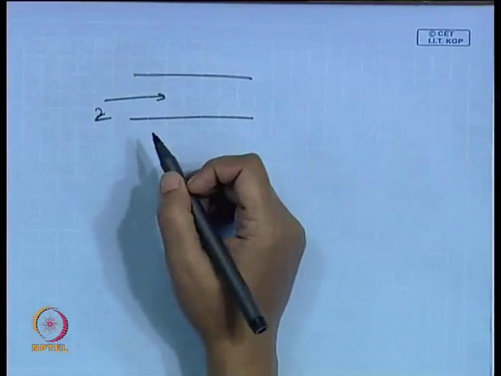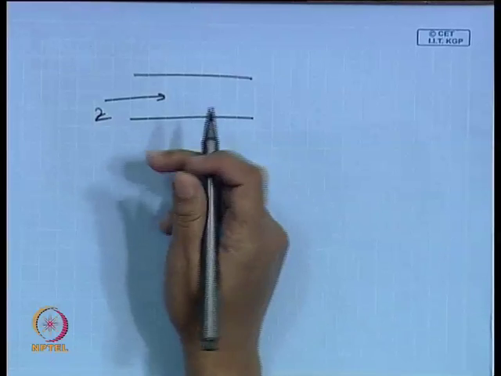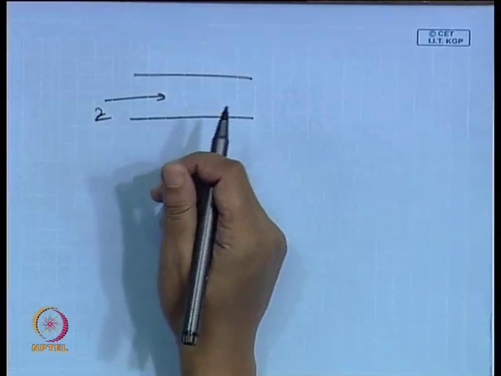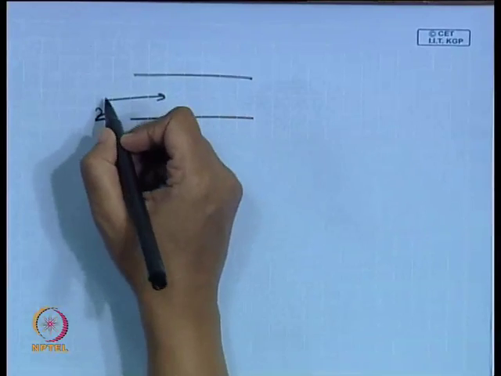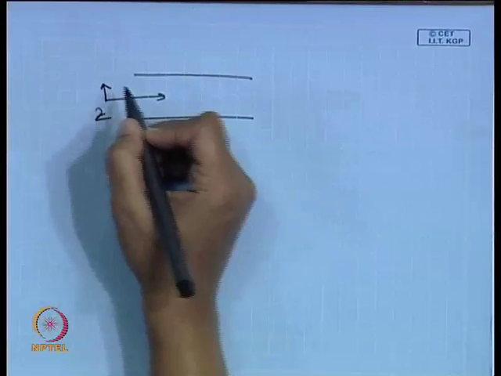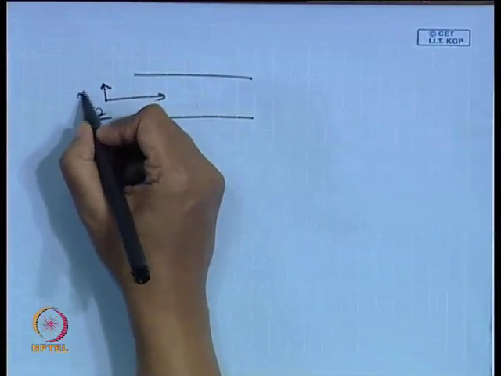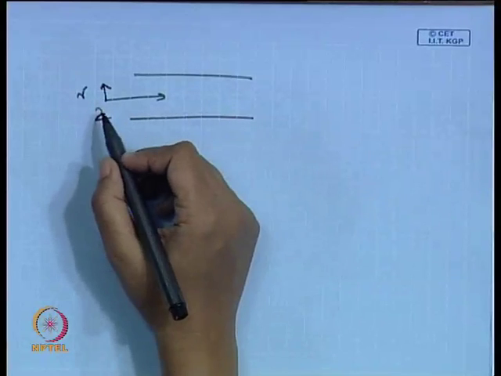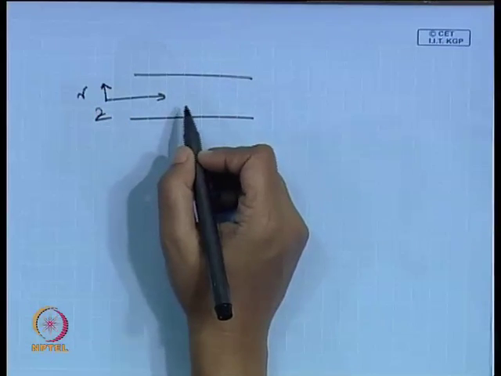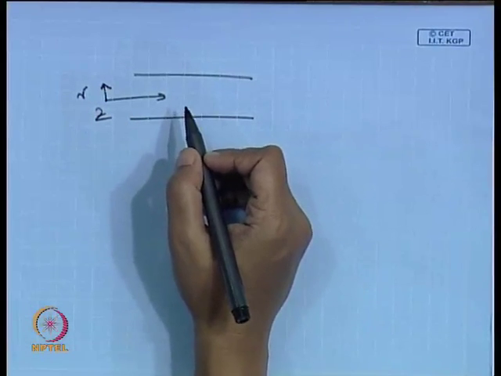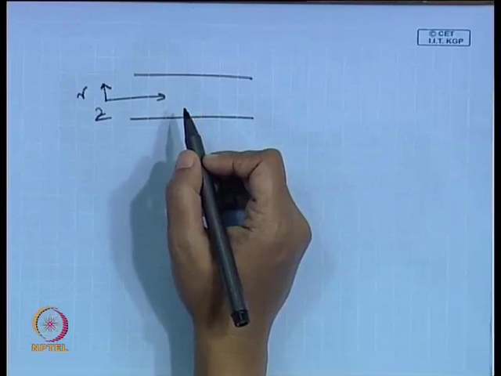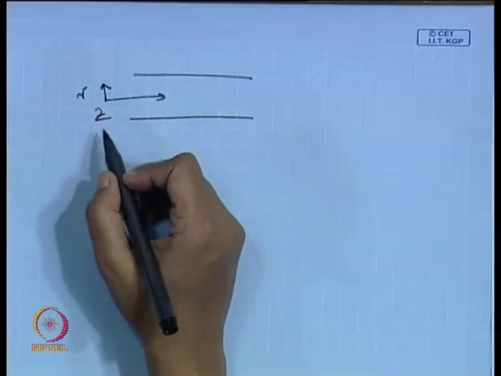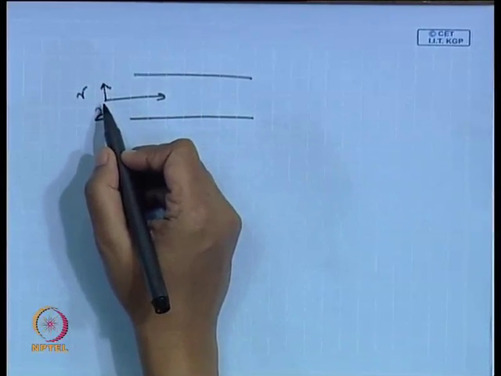Suppose flow is occurring in this particular direction, the coordinate in the direction of flow will be taken as the Z coordinate. And from the axis, suppose it is a circular pipe, from the axis we take the coordinate as r. So, along the axis of the conduit, Z is used as the coordinate, and the radial distance from the axis of the pipe is usually r.